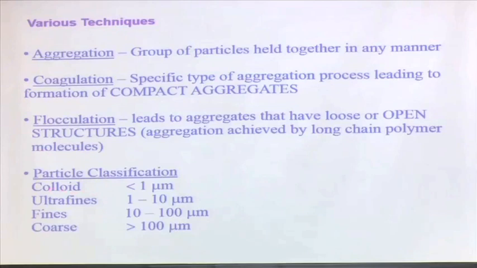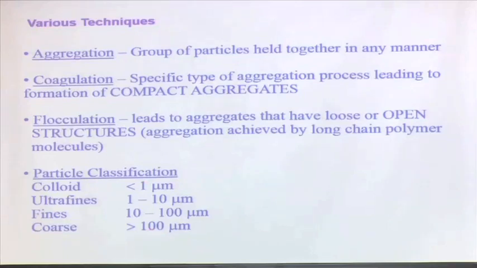Here they call colloidal particles those less than 1 micron, ultra fines are 1 to 10 micron, fines are 10 to 100 micron, and they call coarse particles those greater than 100 micron. As I said, for iron ore, for a process engineer, below 10 millimeter is fine. For coal, below 0.5 millimeter is fine, and when I am going for a solid liquid separation, the coarse material is greater than 100 micron.